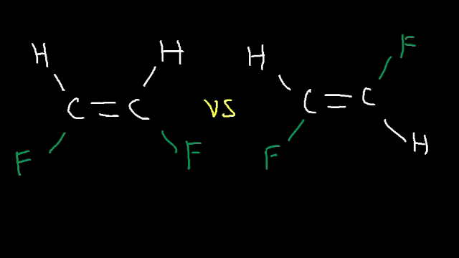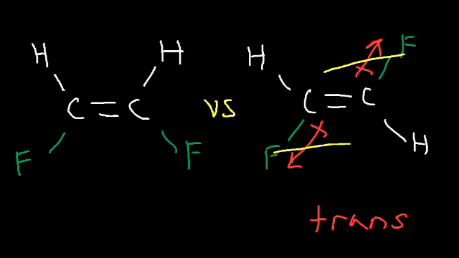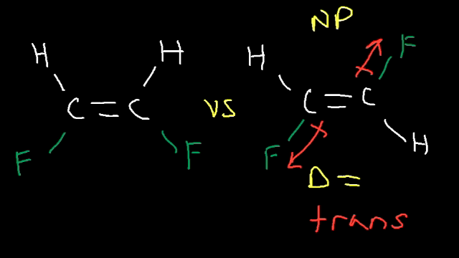The one with the greater dipole moment is the one that's more polar. The carbon-fluorine bond is polar. For the trans isomer, to draw the dipole moment, you need to draw the arrow facing towards the more electronegative element. Notice that these arrows cancel because they point in opposite directions. So therefore, this is nonpolar, and the dipole moment is equal to 0.